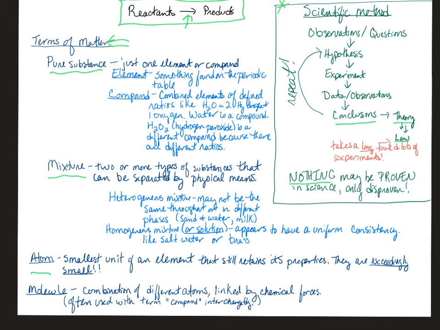Sometimes we see that as being like O2 or N2 or something like that. And that is a term that you'll often see linked to 2 of the same things, or better yet, the same element combined. Sometimes that's not the case though, so don't worry about that. It can be used interchangeably with the term compound, and is pretty often.